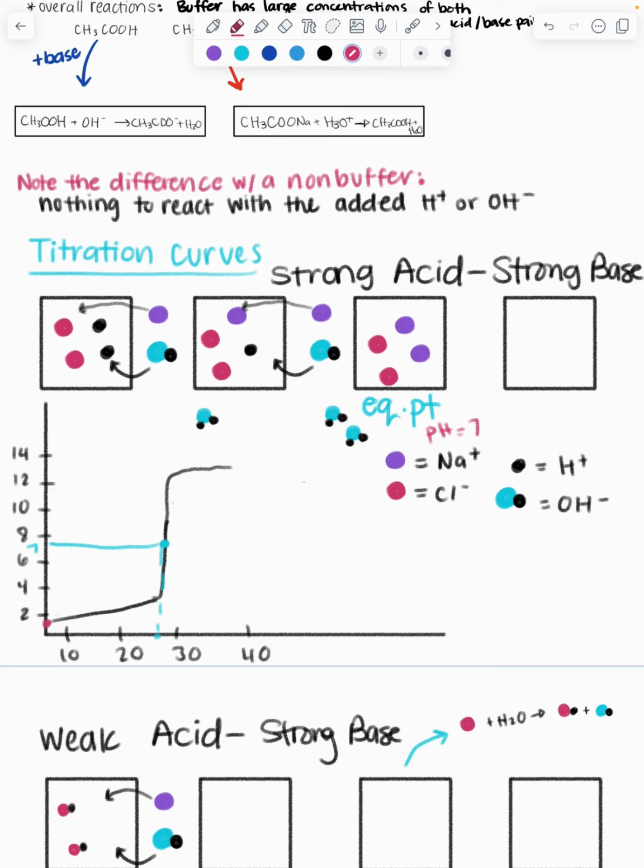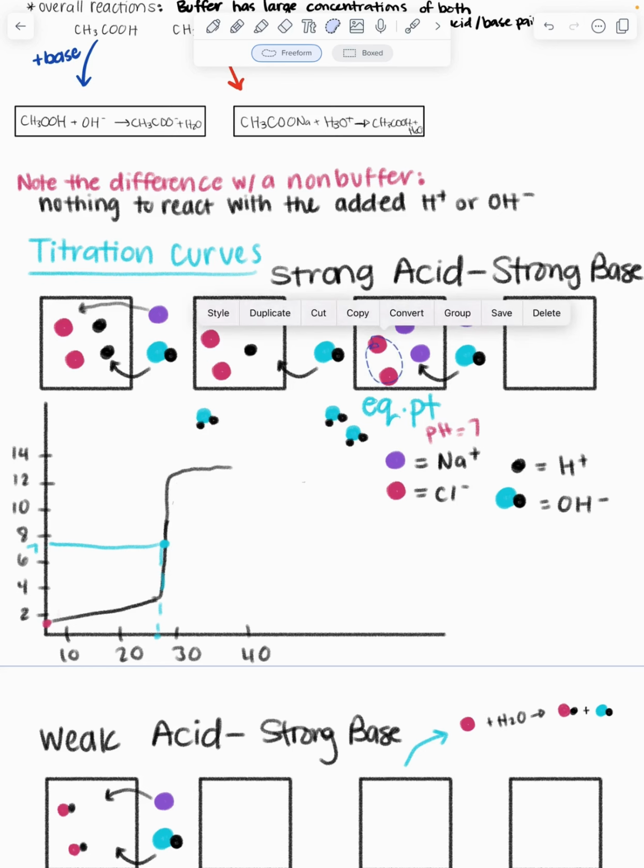Okay, but now I'm going to add more hydroxide, and of course, as I add more hydroxide, the pH is going to drastically increase, and that's where you get the new ending pH of between 12 and 14, representing a strong base.